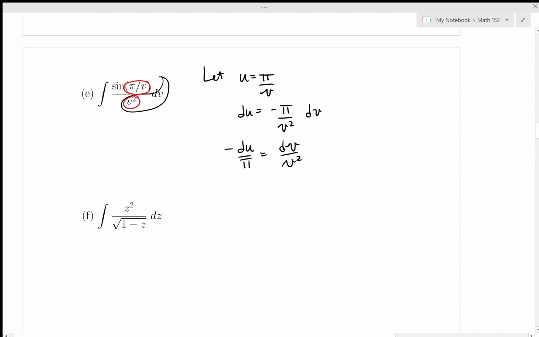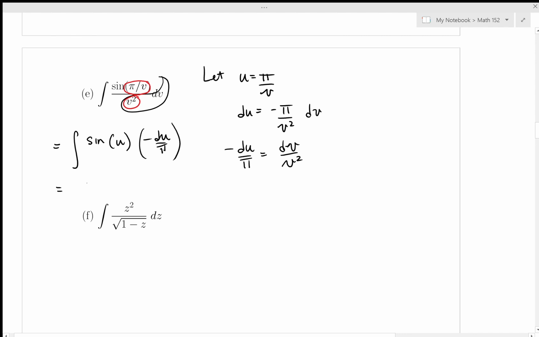Okay, so now this becomes extremely easy. This is going to be equal to the integral of sine of what? Well, pi over v is u, and dv over v squared is minus du over pi. That is not difficult to integrate.